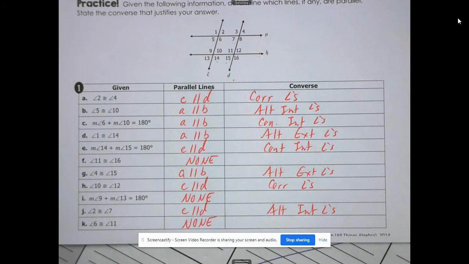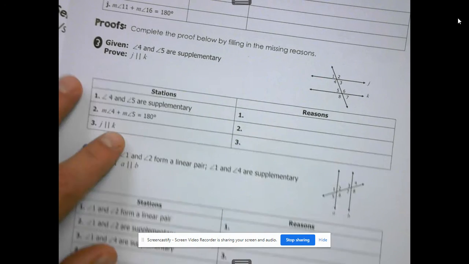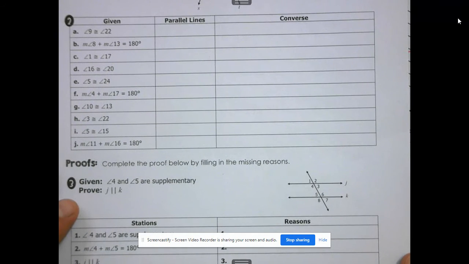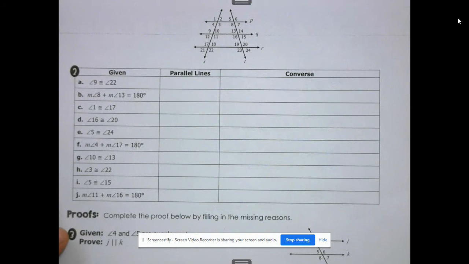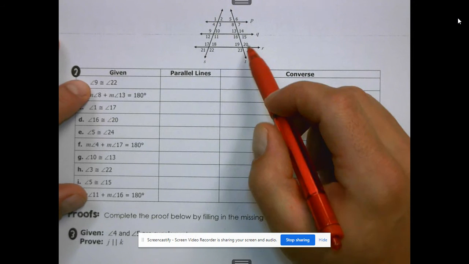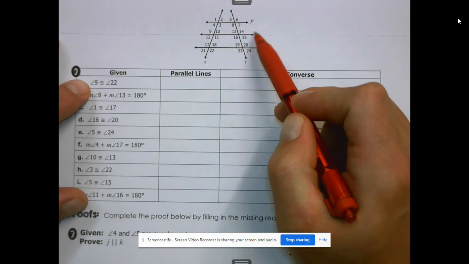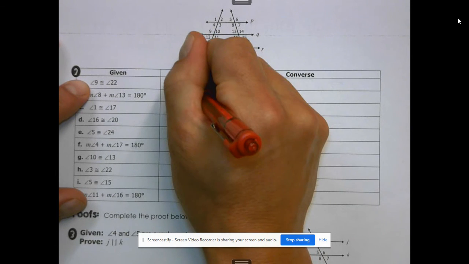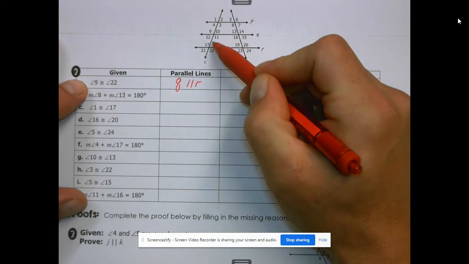Next page. All right, same stuff we did for number 1, just another example. 9 and 22. There's 9, there's 22. They're on line S, which makes Q parallel to R. And 9 and 22 are alternate exterior.